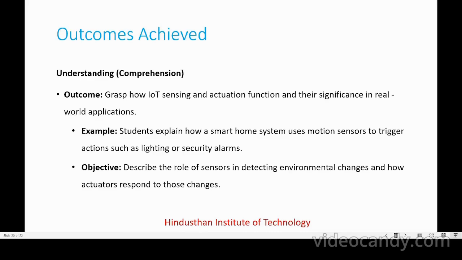For example, a student may explain how a smart home system uses a motion sensor to control lights in a room and also create security alarms. Here the objective will be that a student may describe the role of sensors in detecting environmental changes and how actuators respond to those changes in the room.